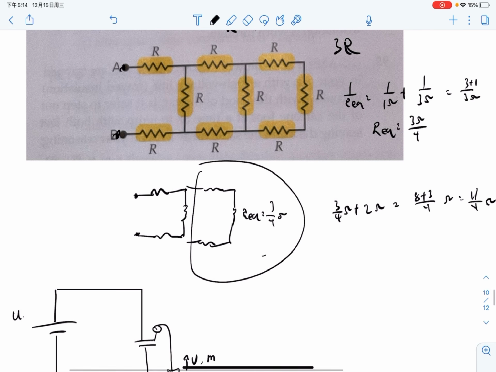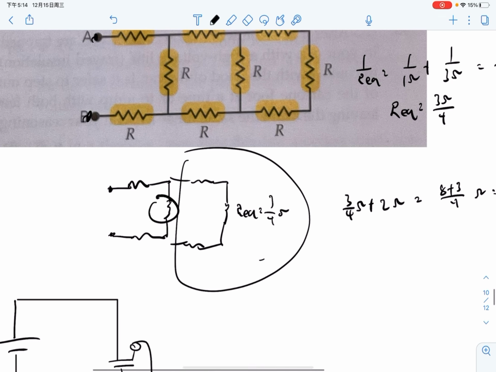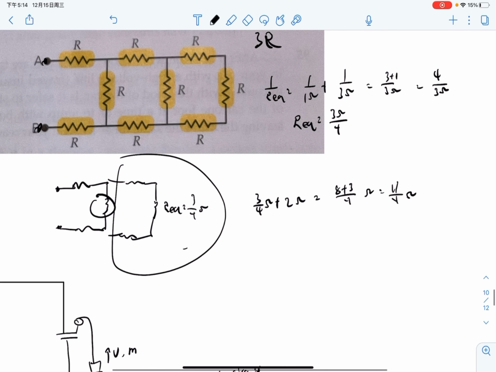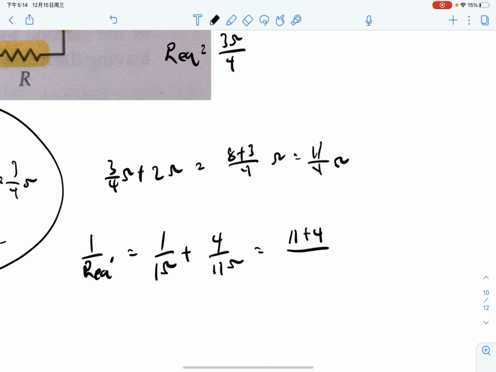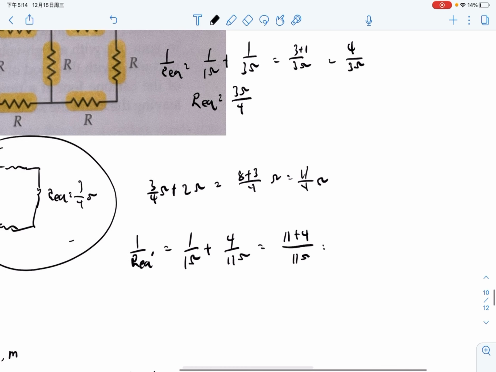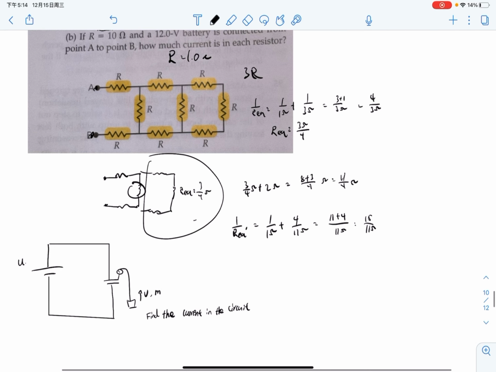And it is in parallel with this. So the R equivalent is equal to 1 times 11 over 4 divided by 1 plus 11 over 4, which is 11 divided by 15 ohm.